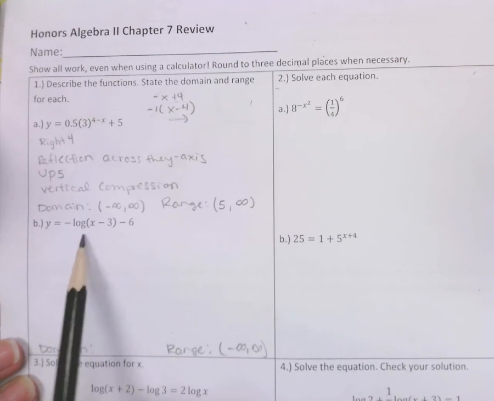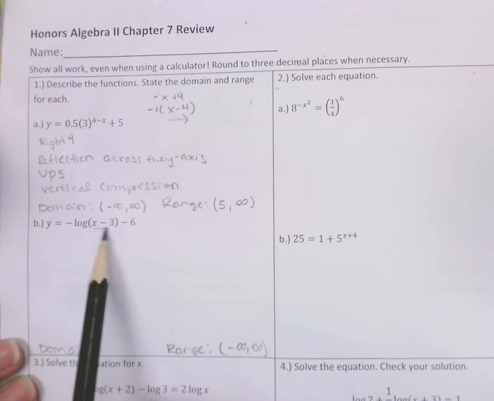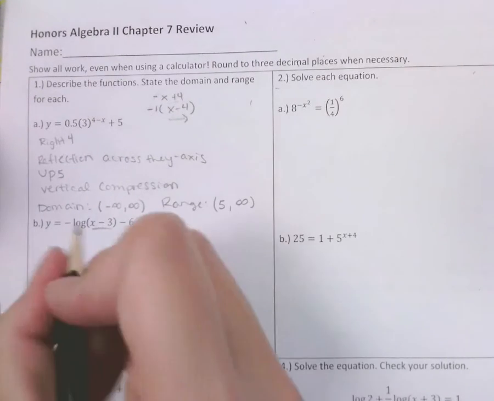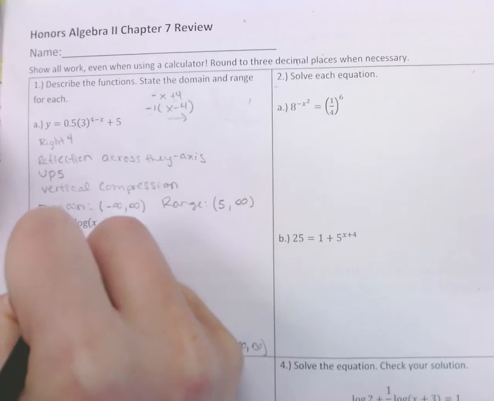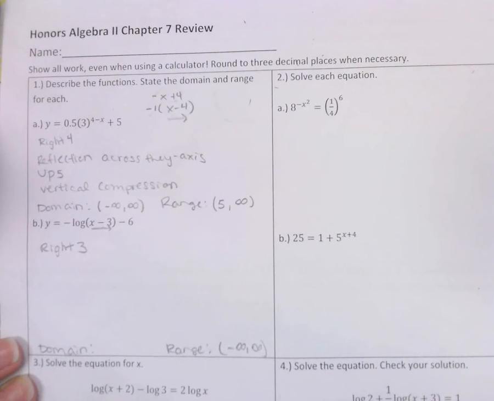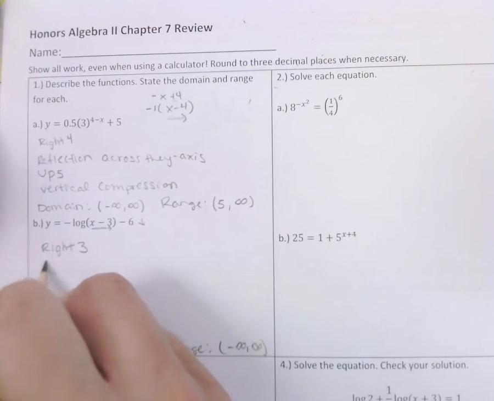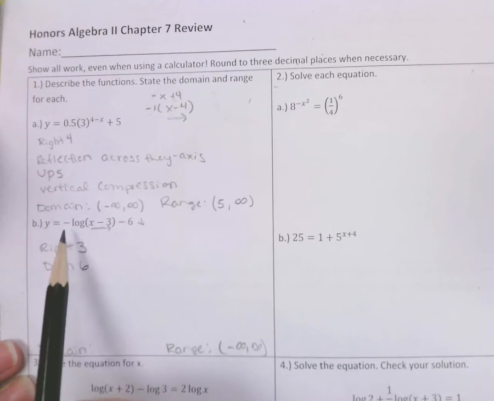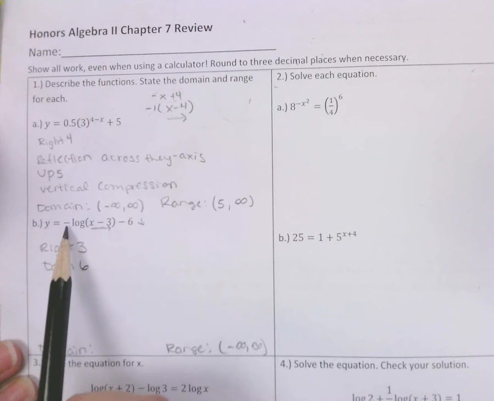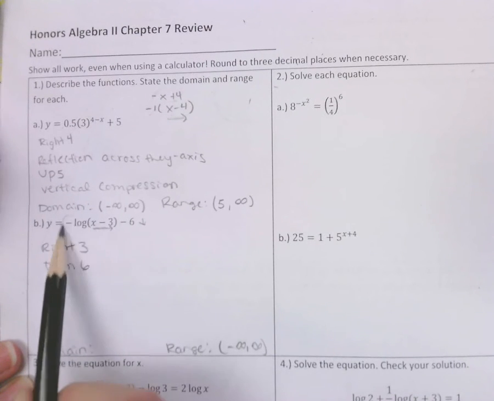Let's go through all the things first. So first, since it says minus 3, this is going to shift to the right 3. And then negative 6 makes this go down 6. There's no stretch or compression because there's not a number there, but there is a negative sign there.